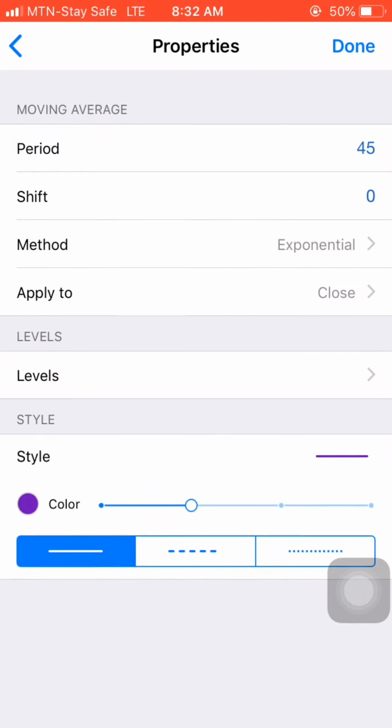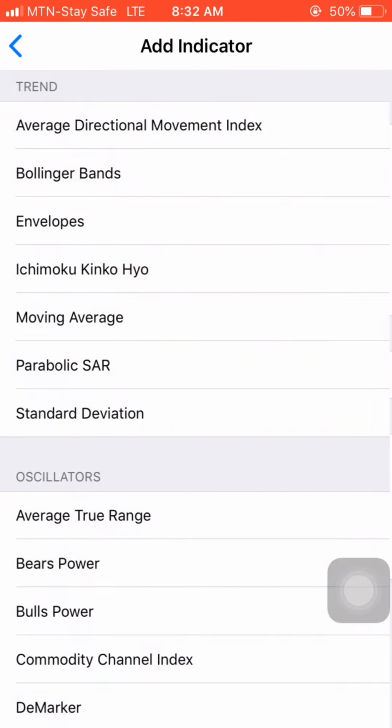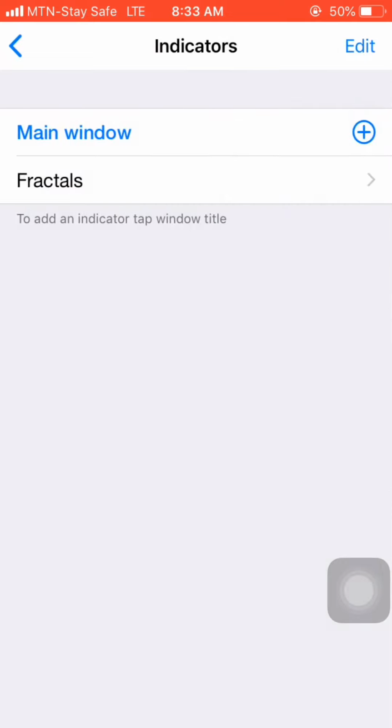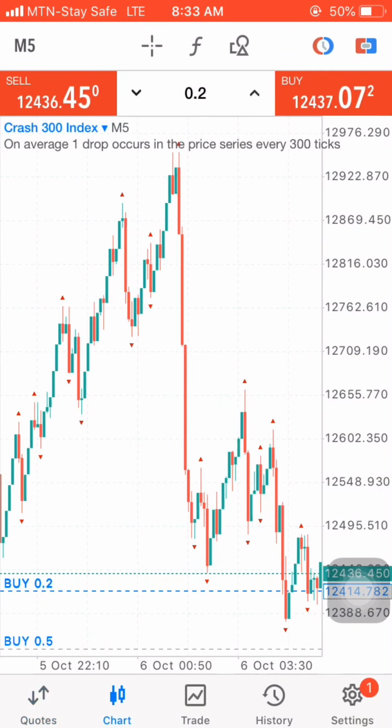After adding the moving average, these are the settings: the period is 45, the shift is 0, method exponential, apply to close. There are no levels, and you can use any color. When you're done, you click on done. You go back, and the fractals have no settings, so it's just default. Once you're done, you click on done, go back to your chart and wait for your spike.